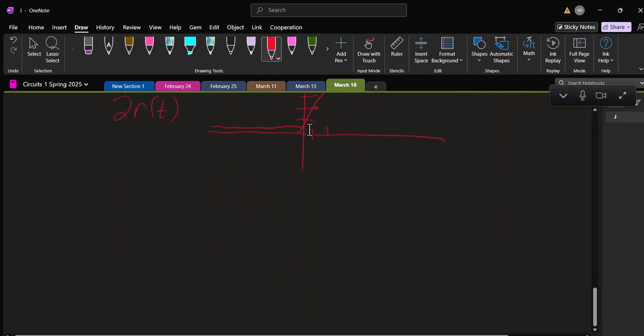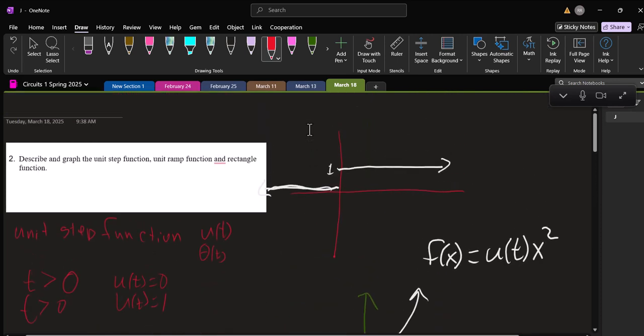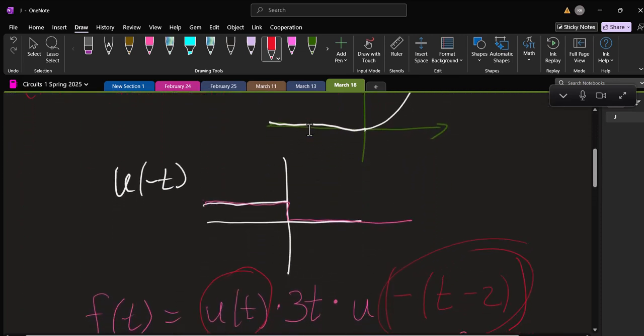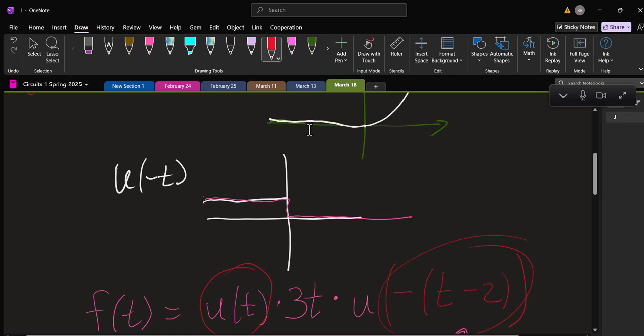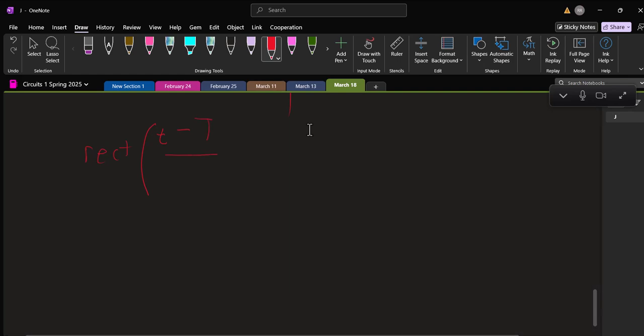The rectangle function is kind of weird. You don't see it used that often, and it's often just called a pulse. And the rectangle function, they write it like this. We have rect of t minus capital T over the Greek letter tau.